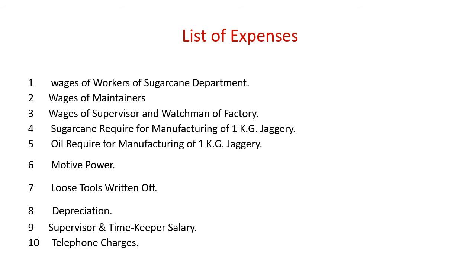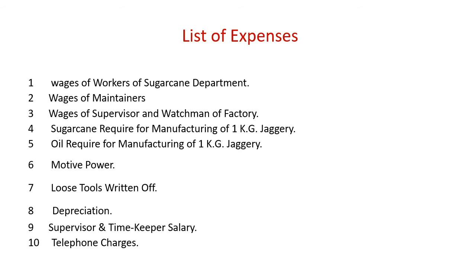Next, oil required for manufacturing of 1 kg jaggery. These expenses are not identified in 1 unit cost, it is indirect cost in the factory, hence it is factory overhead. Next, motive power. Where motive power is used in the factory, it is not identified in 1 unit cost, so it is indirect cost in the factory.